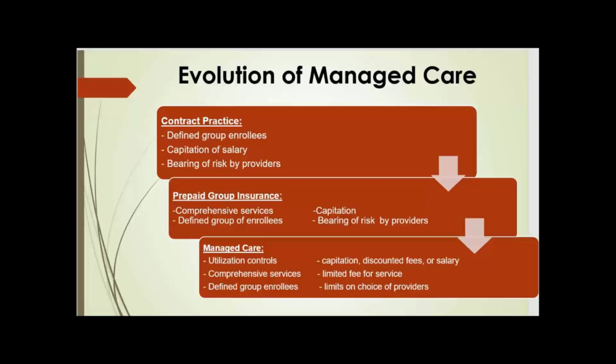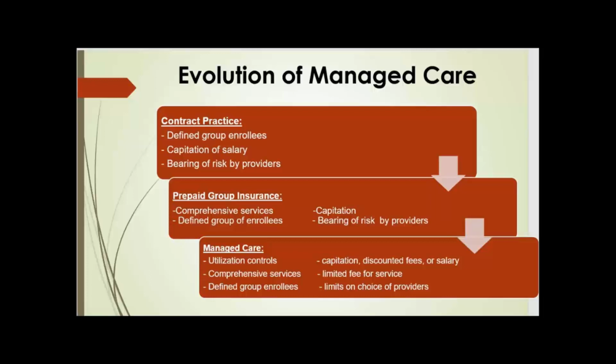Now, contract practice came along, and it takes the idea of capitation a step further by incorporating a defined group of enrollees. It also shifted some of the risk to providers. Then we look at prepaid group insurance.